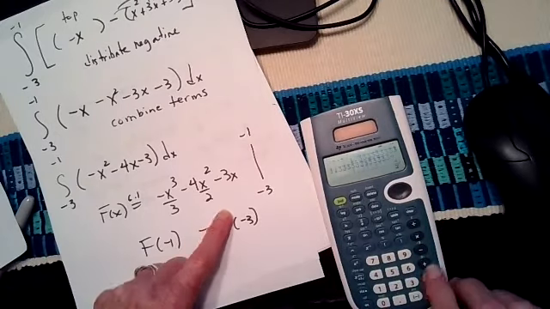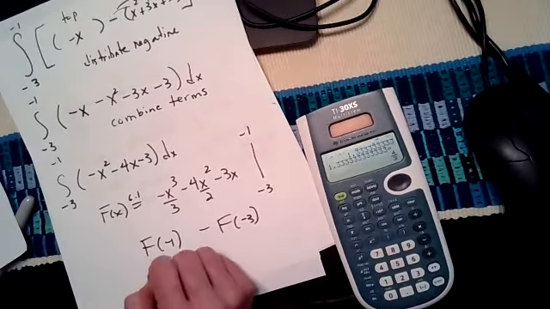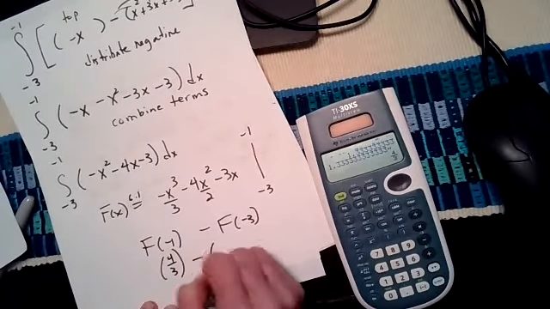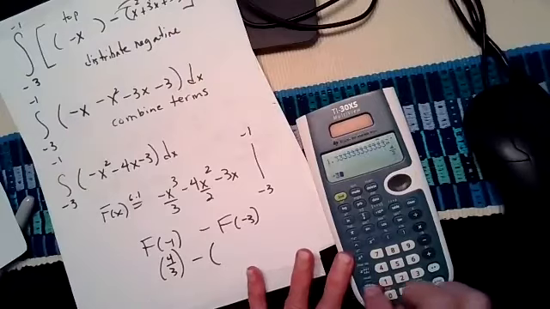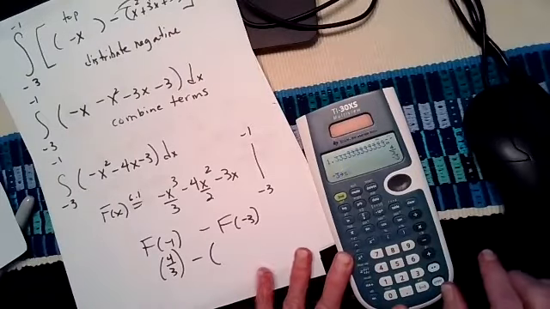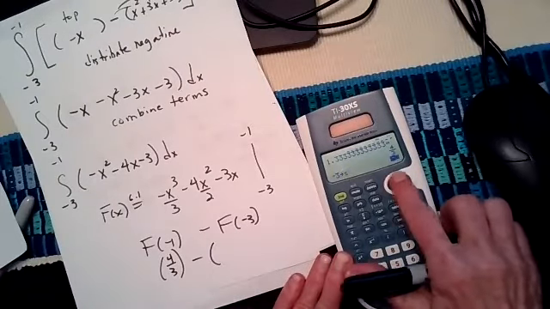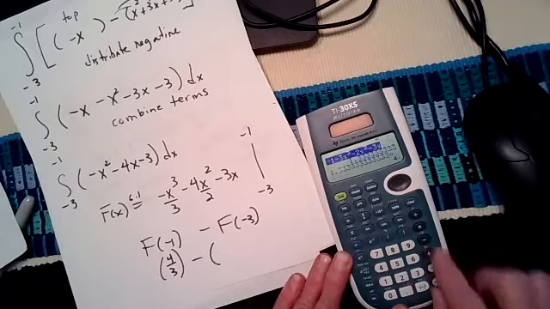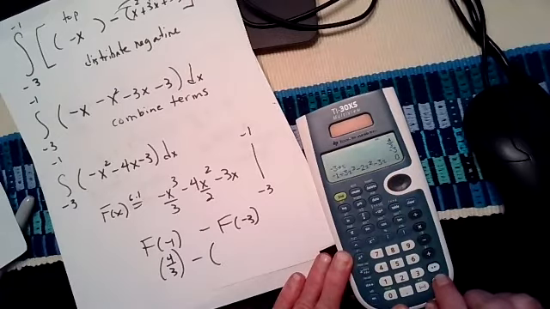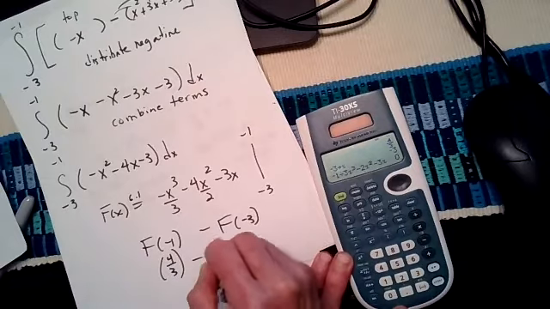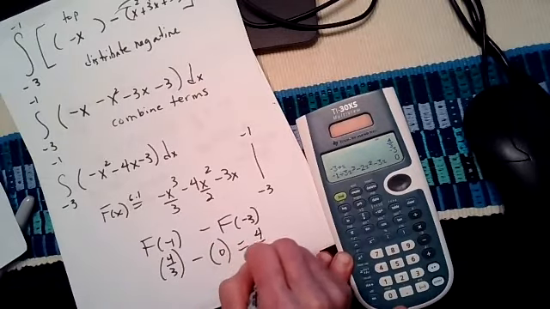And then I get 4/3 minus negative 3, store for x and enter. And I go up to my antiderivative. And I got 0.